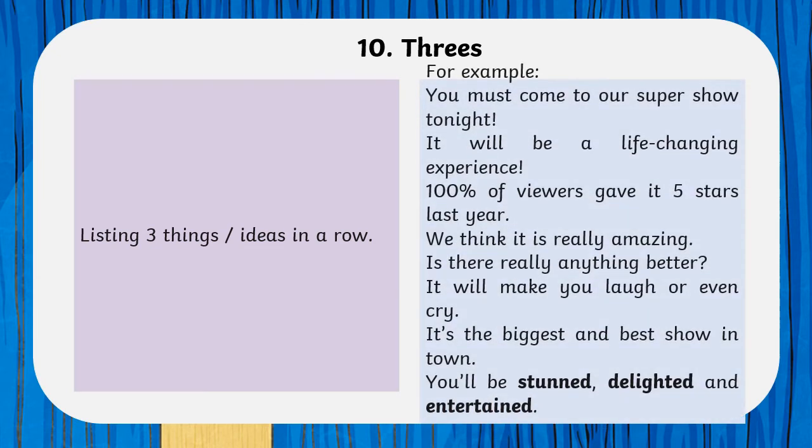You'll be stunned, delighted, and entertained. That's why you must come to our super show tonight, okay? So actually, this is a very common method in English. You use three words to make it sound more believable as well as grab your reader's attention.